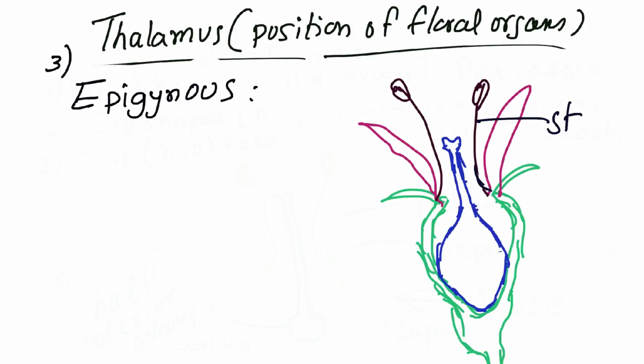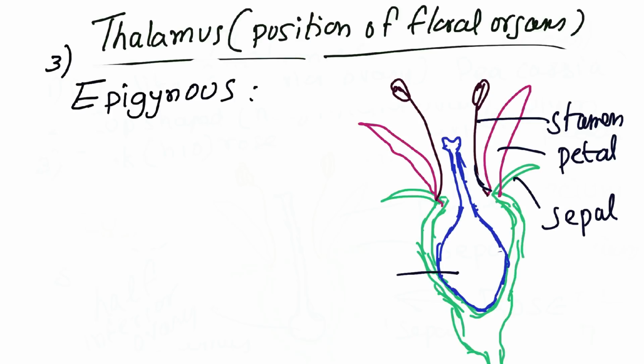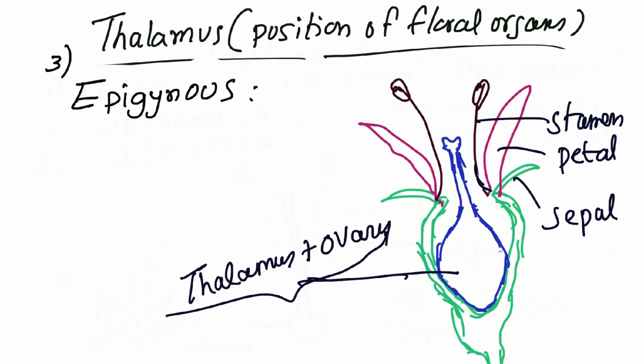So epigynous basically means that we have the flask-like thalamus which is fusing with the ovary. Note that point, that fusing of thalamus with ovary is a key point about epigynous thalamus development.